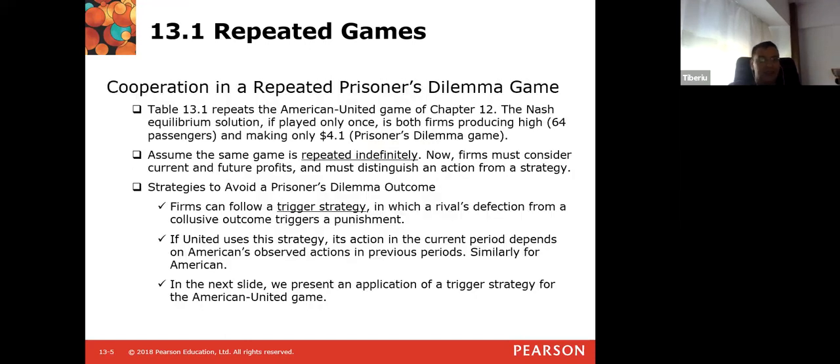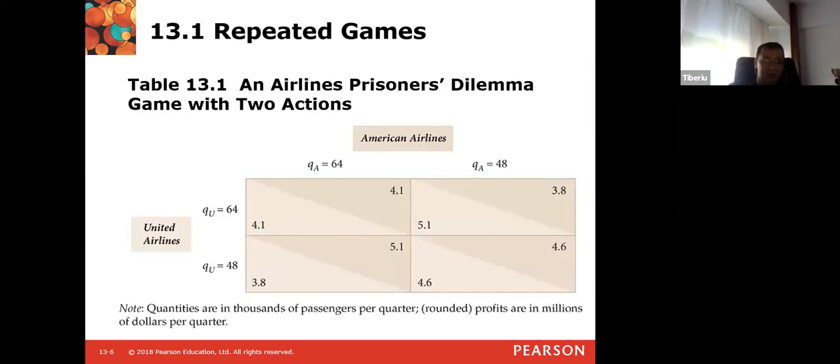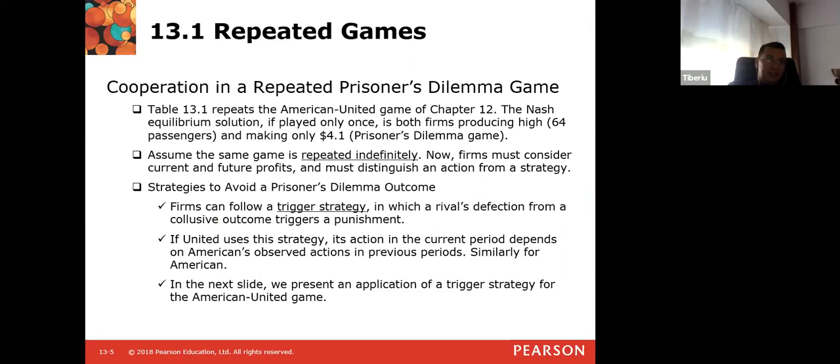And we have Table 13.1 with the airline's prisoner's dilemma game with two actions. It repeats the American-United game.